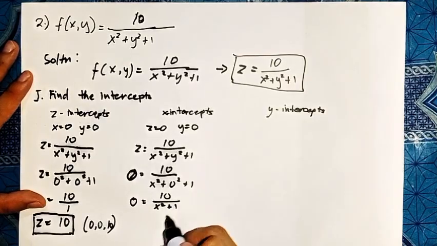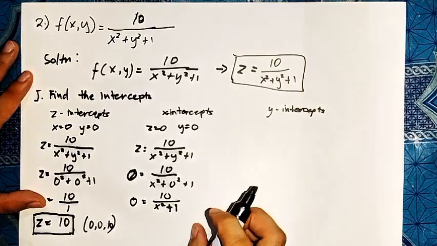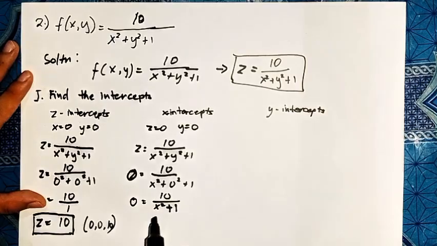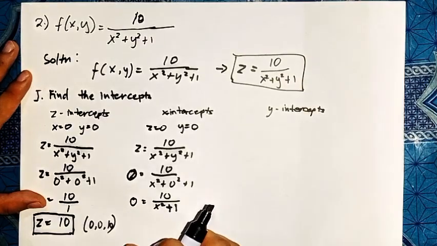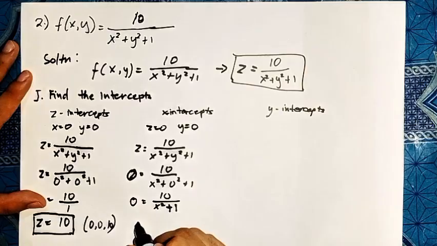Now, this function has no intercept. As you observe, if we let x be any number, this expression is never 0 for any real x, because whatever the value of x, there is always a value. Even if you put 1 there, there is a value. So it has no x-intercept.